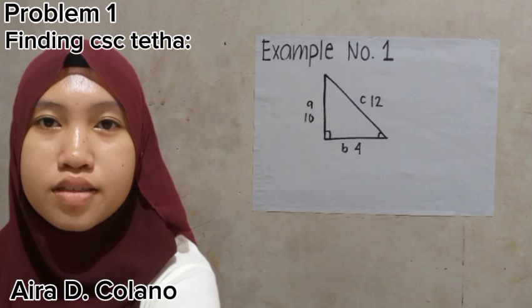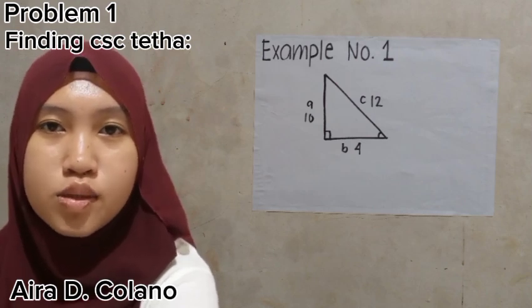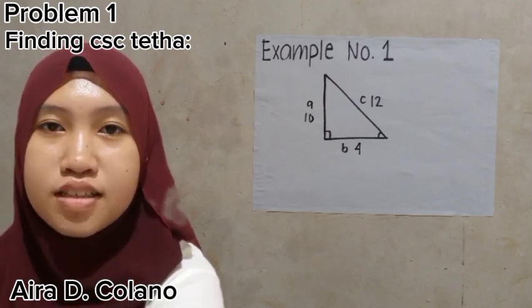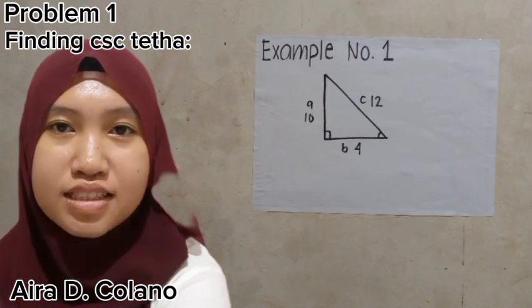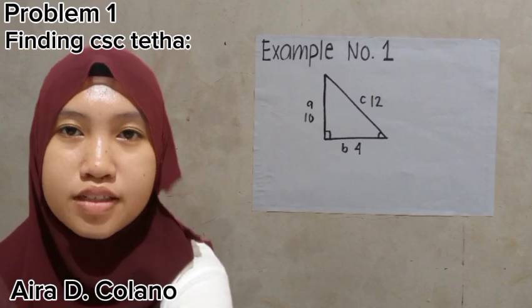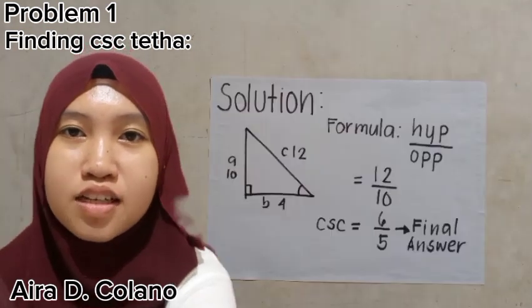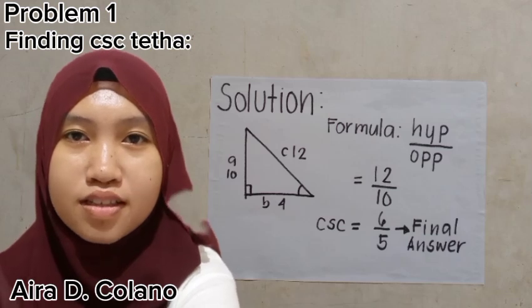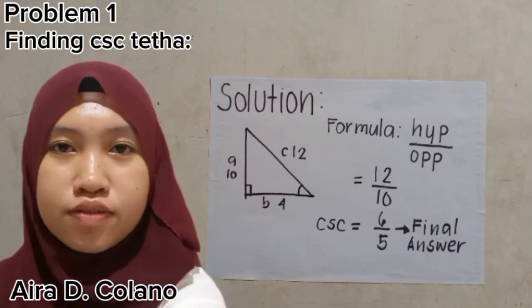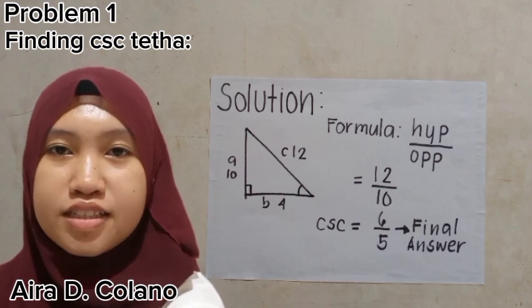It's written here that the hypotenuse is 12, the adjacent is 4, and the opposite side is 10. Since we're finding the value of cosecant, we will use the formula hypotenuse over opposite. Hypotenuse is 12 and the opposite side is 10.